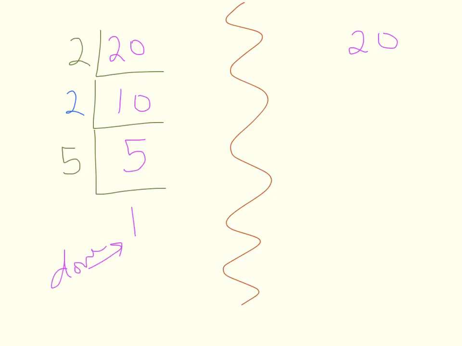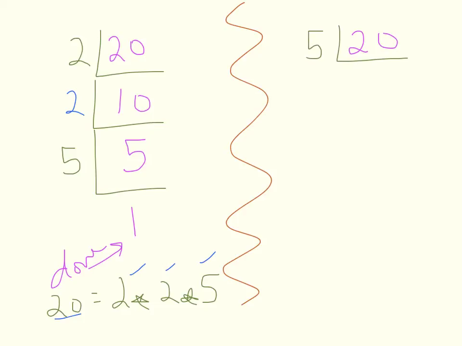So 20 is also equal to 2 times 2 times 5. Over here in the right column, just to prove that, 2 times 2 is 4, and 4 times 5 is 20.